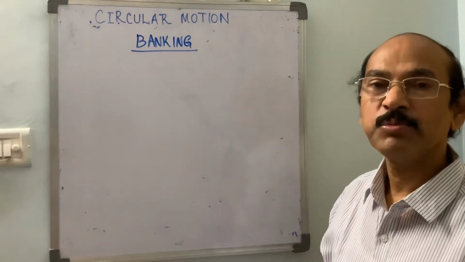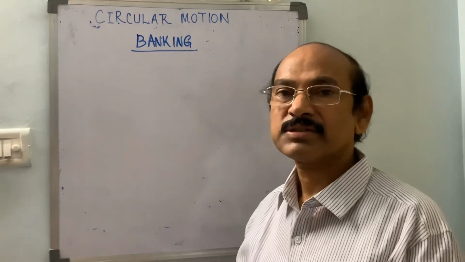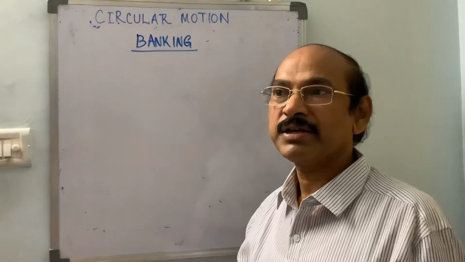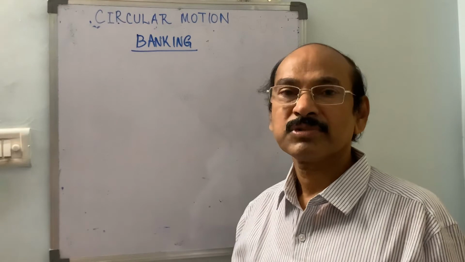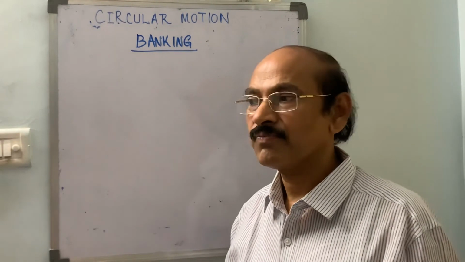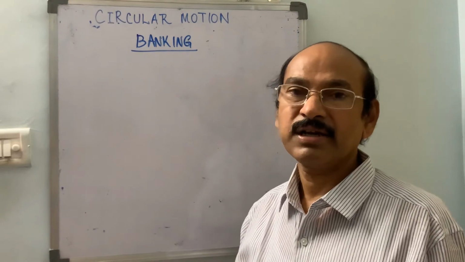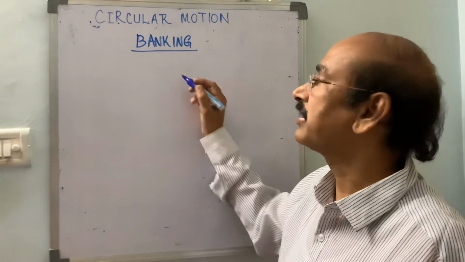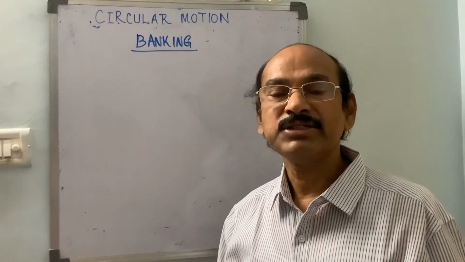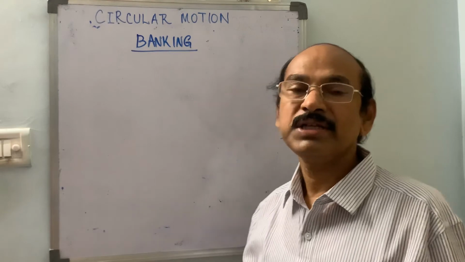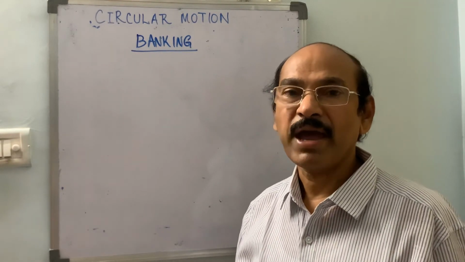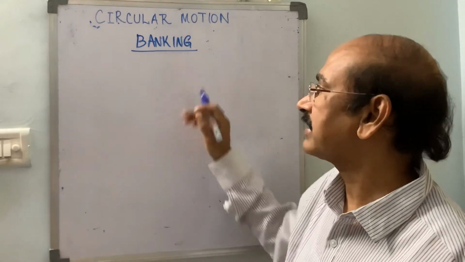When a body moves in a circular path of radius r, and its speed exceeds a certain value, then the vehicle skids outwards due to centrifugal force. So to avoid this skidding, the outer edge of the road is raised over the inner edge. This is called banking of roads and railway tracks.